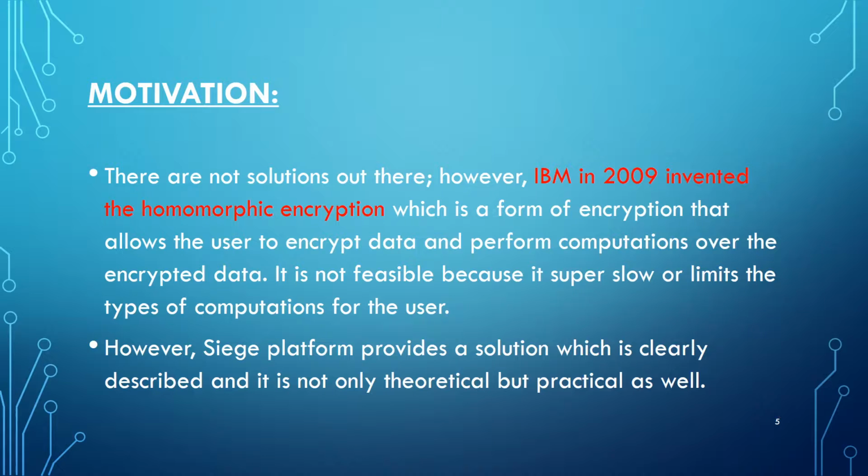It is not feasible because it's super slow or limits the types of computation for the user. In other words, it slows the computation, and the performance is not going to be that great. However, Sieve, in this case, provides a solution which is clearly described, and it's not only theoretical but practical as well.